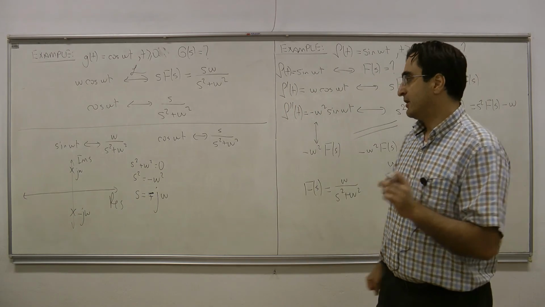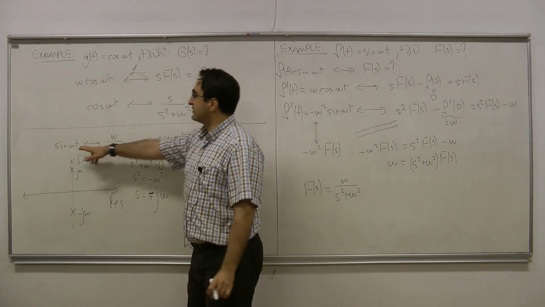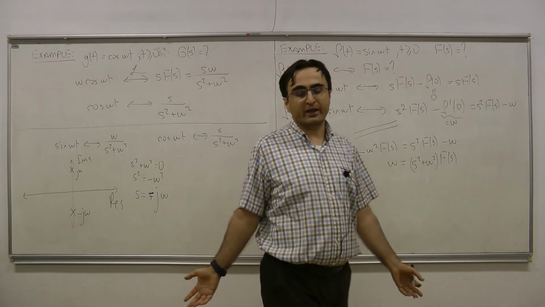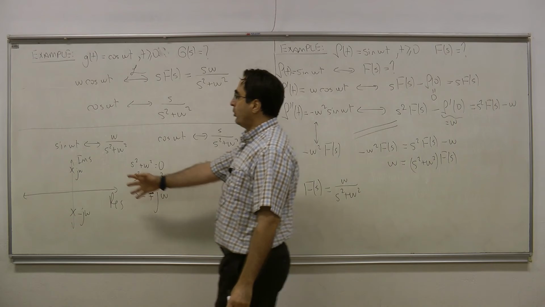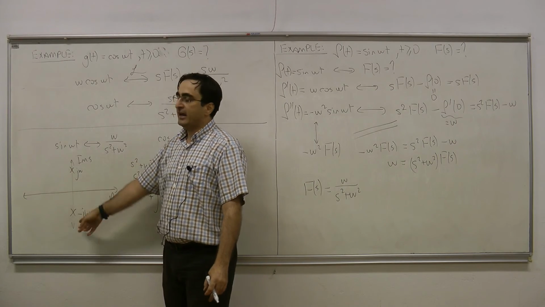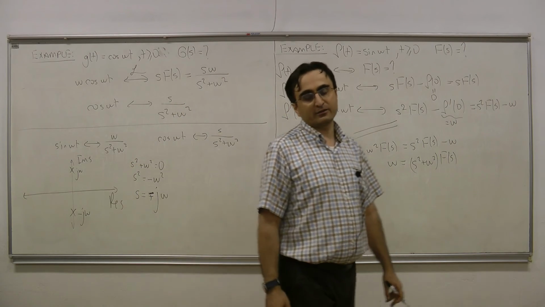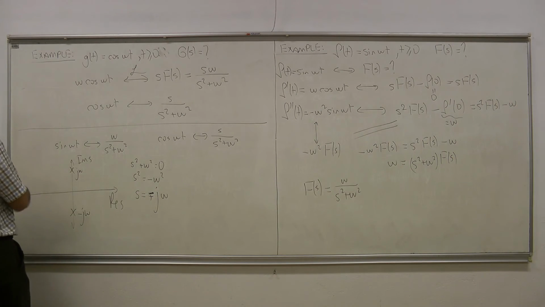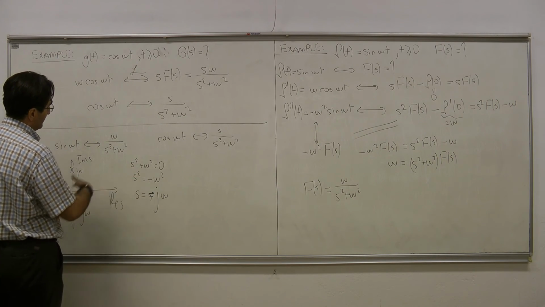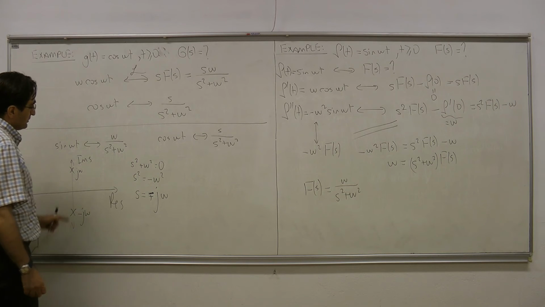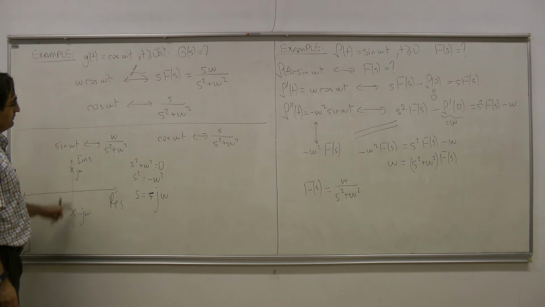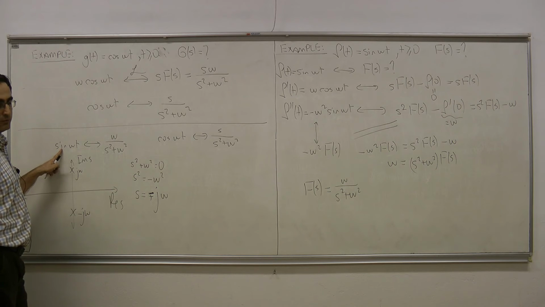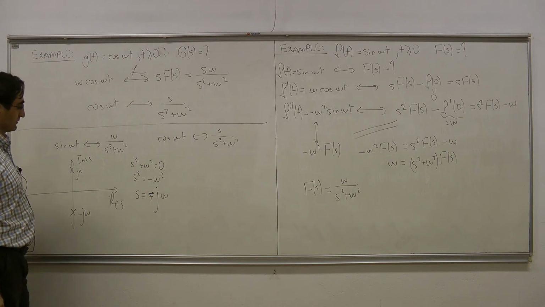And when the sine function is not decaying or growing, those poles would always be exactly on the imaginary axis. They are not on the left half plane. They are not on the right half plane. They are exactly on the imaginary axis. When the sine is not growing or decaying, its amplitude is fixed.